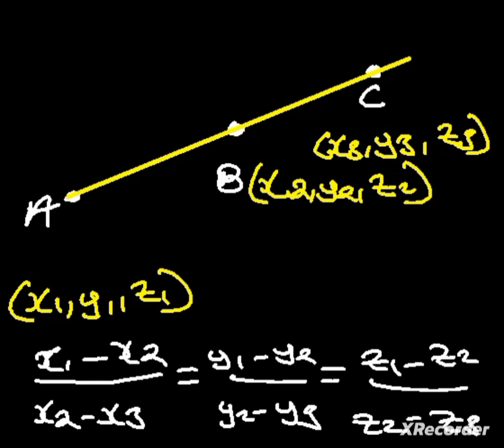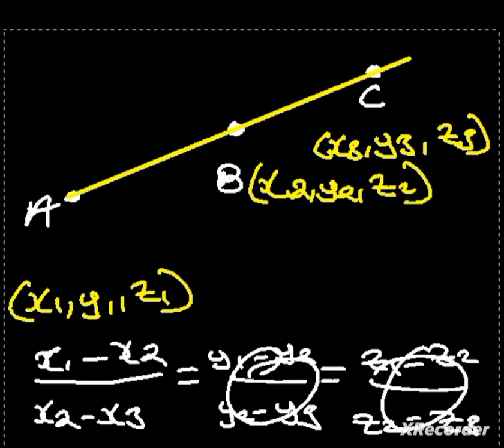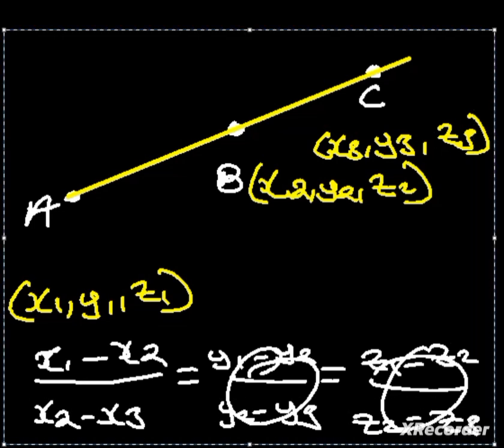Which means x1 minus x2 divided by x2 minus x3 has to be equal to this one and also this one. So that's how you determine whether the points are collinear or not in space. And for instance, let's say we have the following points, and we have to show whether the points are collinear or not.